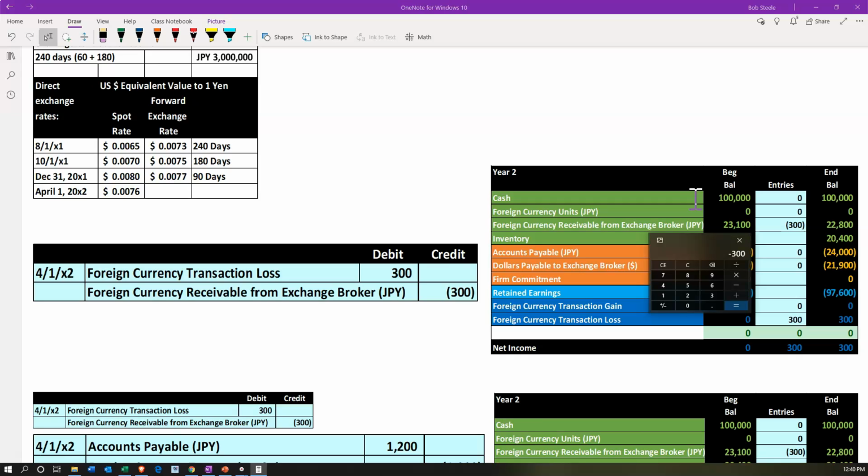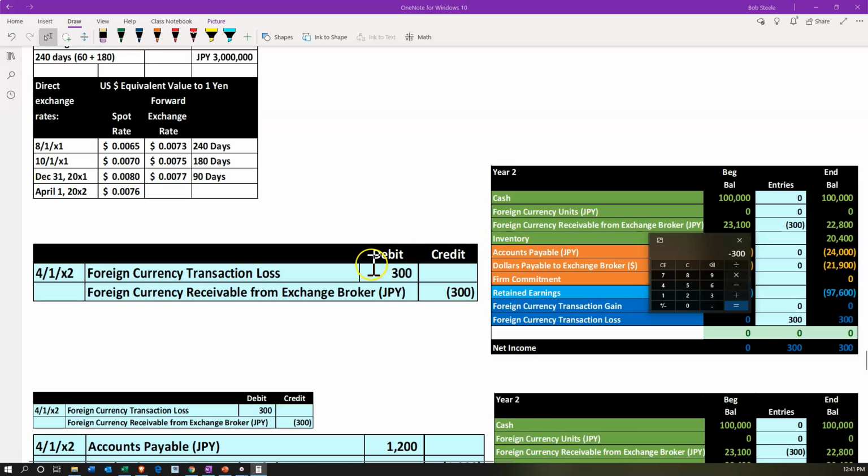The $300 difference is going to be a loss. Why is it going to be a loss? Last time, 1 yen was worth $0.0077. This time, 1 yen is worth $0.0076. Yen is worth less dollars. Yen has gotten weaker. This is a receivable which we're going to get paid in yen, and the yen are now worth less than they were before. Therefore, we have a loss.